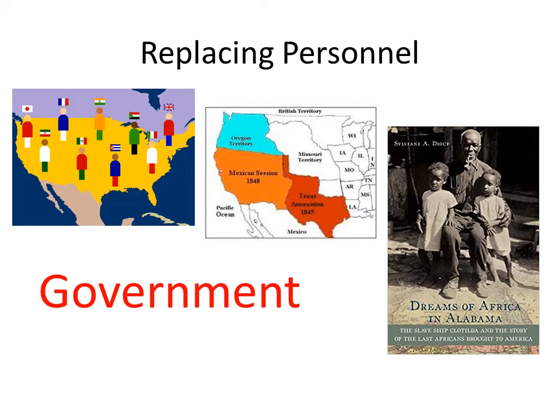And you may see this mainly within your local city or county government, that they may add in other areas and incorporate them into their city. The government, or any group, may also have slaves, and this is another way that we replace personnel within our group.